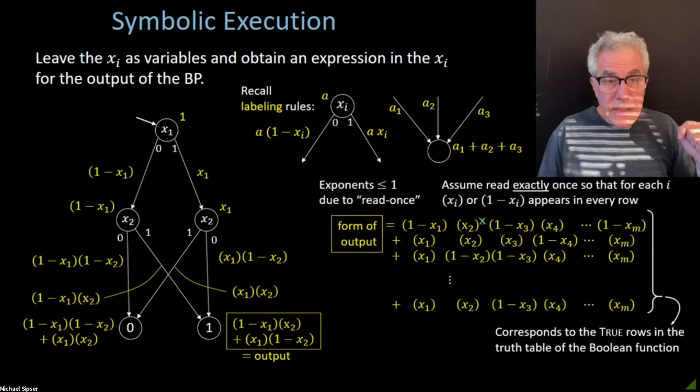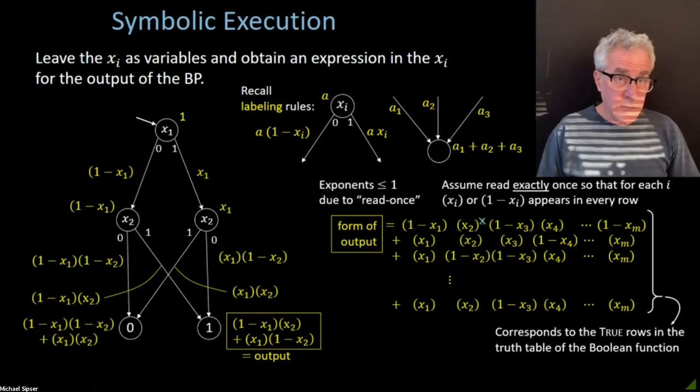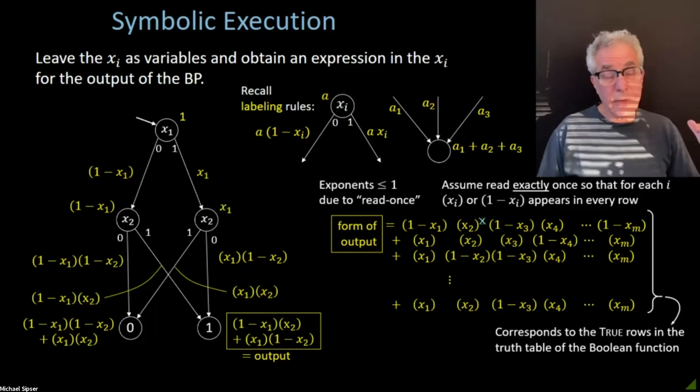Somebody says, and similarly for the expression for the zero node. Yeah, the zero node, which I'm not focusing on, would be all of the false rows of the truth table. But the polynomial for the one node corresponds to all of the true rows in the function that the branching program computes.